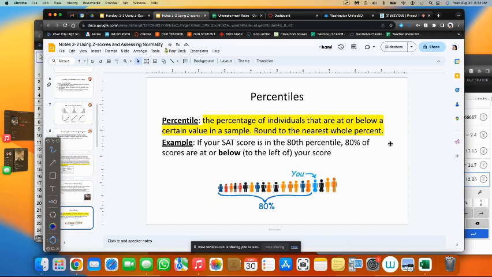We round to the nearest whole percent. For example, if you take the SATs, a lot of times they report your score as a percentile. If your score is in the 80th percentile, that means that 80% of scores are at or below your score. Below means to the left. So that's what we talk about when we talk about percentiles.